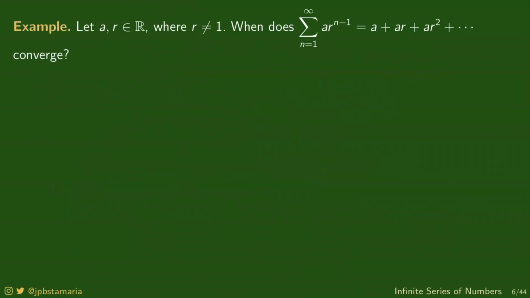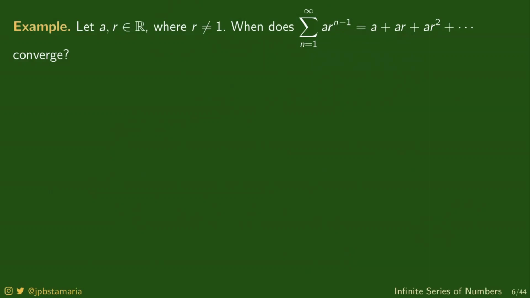Ang isa pa sa mga pinakasikat na infinite series out there ay yung mga geometric series because they behave well, no? Here, A and r are real numbers and to be geometric, dapat yung r ay hindi 1. Ang nangyayari, you start with some number A, then the next term will be produced by multiplying the same constant r, no, which is not 1.